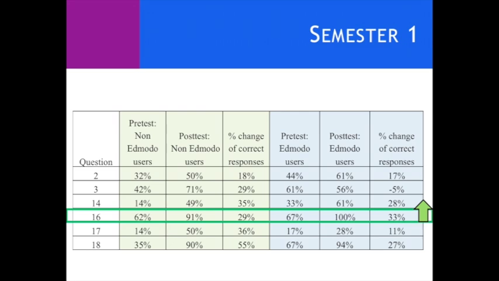They generally did score higher individually, but in terms of the percentage change, this was the only question in which I saw an actual increase of correct responses. The rest of them were lower, but especially number 3, I actually saw a decrease in the number of students who got this one correct and did use Edmodo. So a little bit of some concerns there.